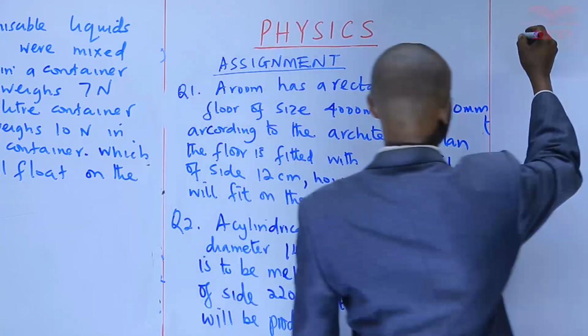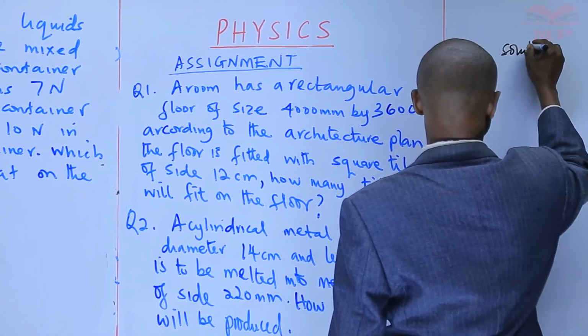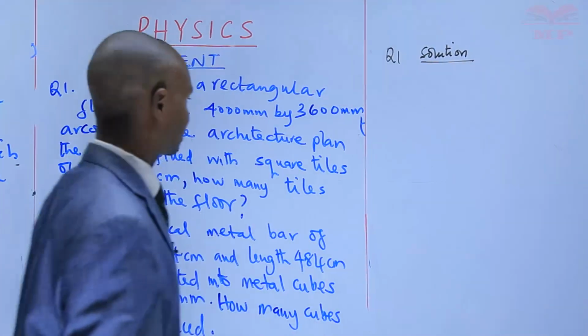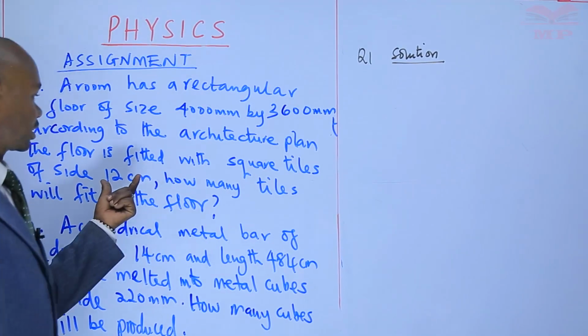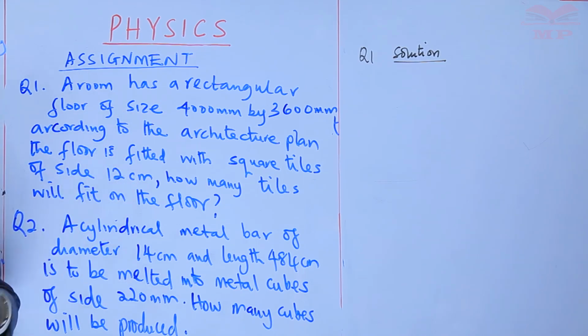So you go to question 1, the solution. You should know where to start. The total area of the tiles on the floor will be equal to the total area of the floor.